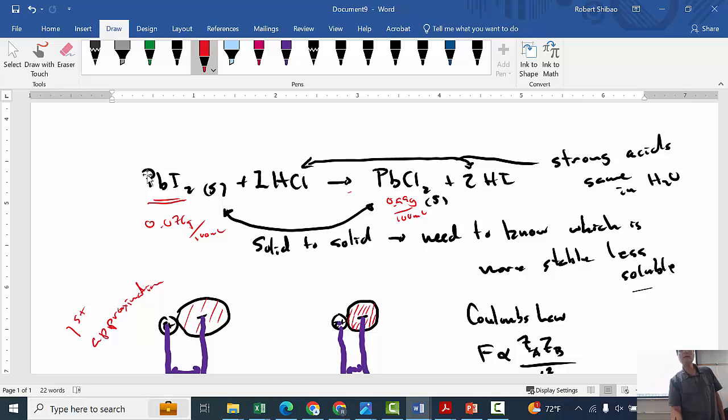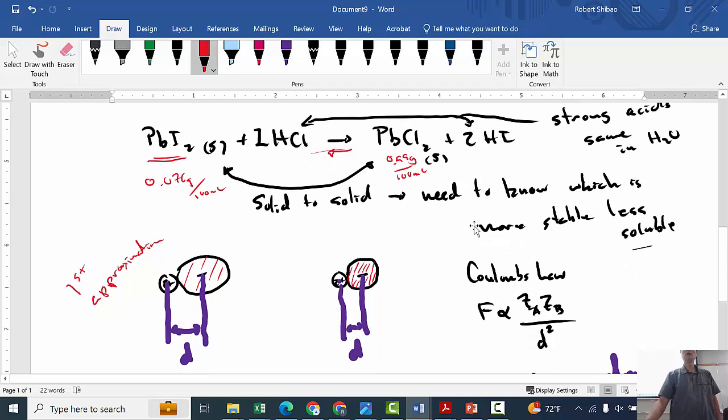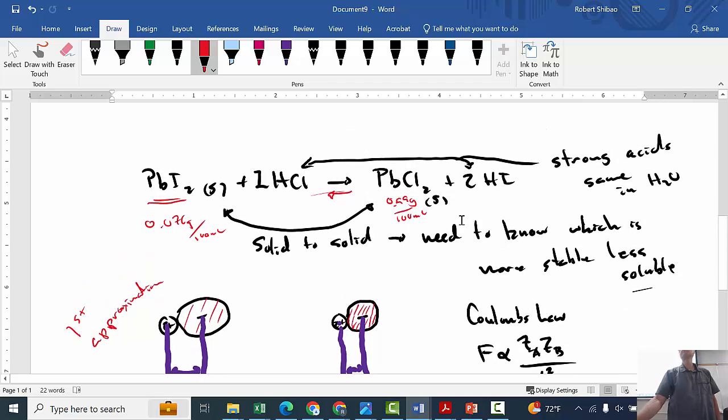And so we expect it not to react. We need more information for this particular one. We can't say there's no reaction for sure. There could be a reaction.